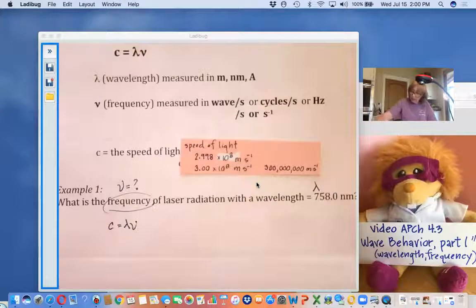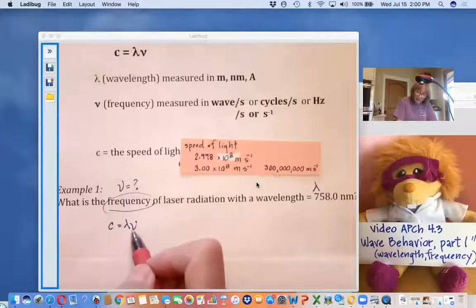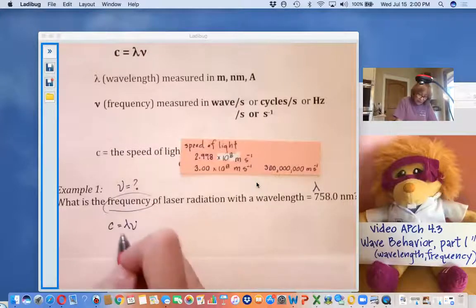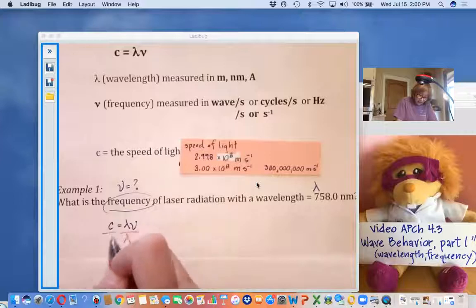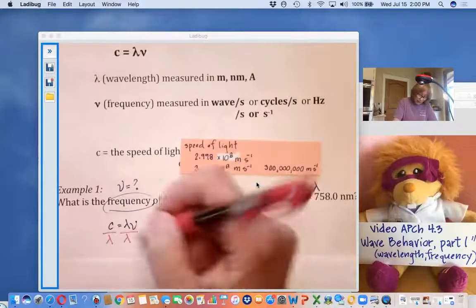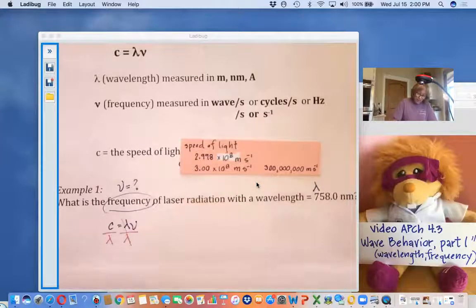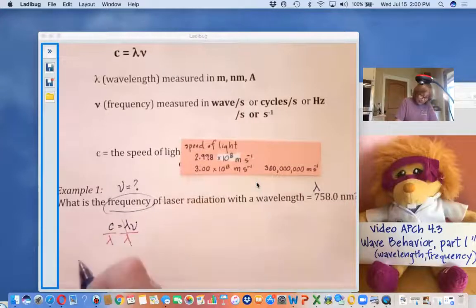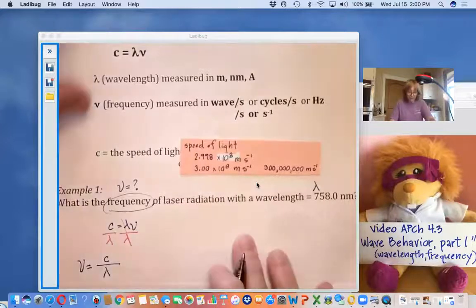Now, they gave me wavelength, and they're asking me to find frequency, so I need to isolate this variable. I'm going to divide both sides of the equation by wavelength, and then I have frequency equals c, the speed of light, divided by wavelength.